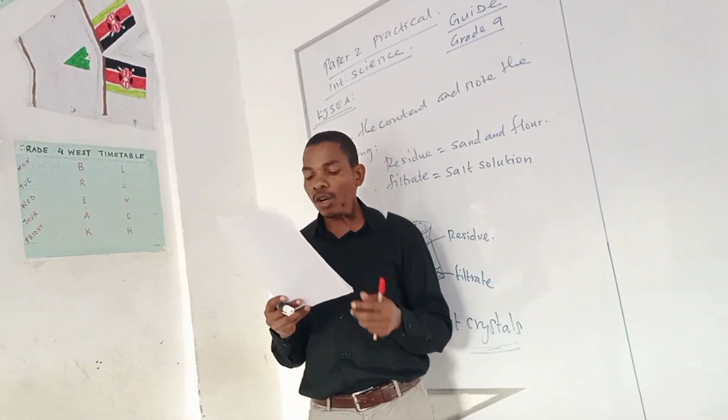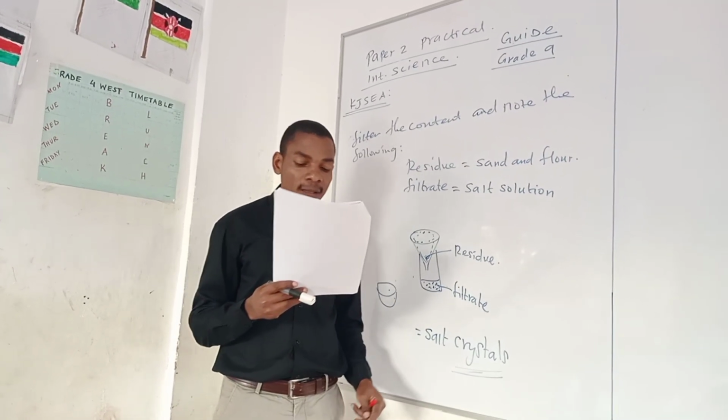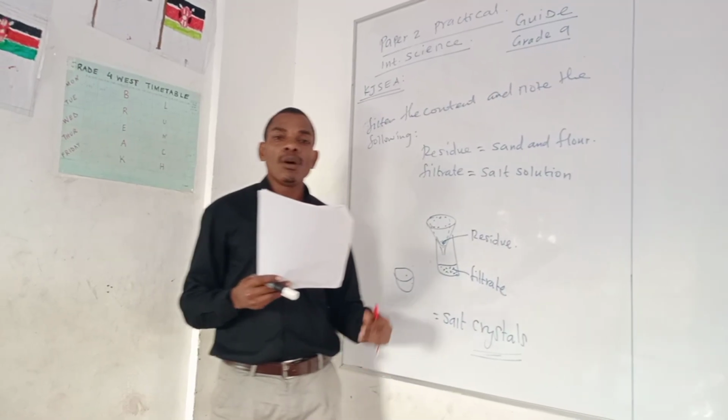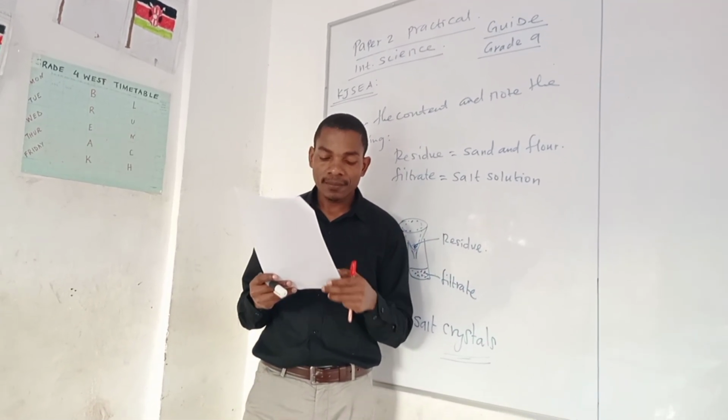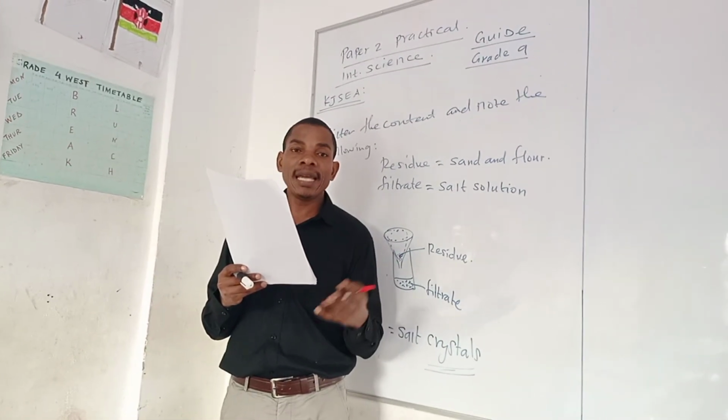What are the original components of the mixtures? We have sand, salt, and flour, all in solid form. State the 3 basic scientific skills used or applied in this experiment.